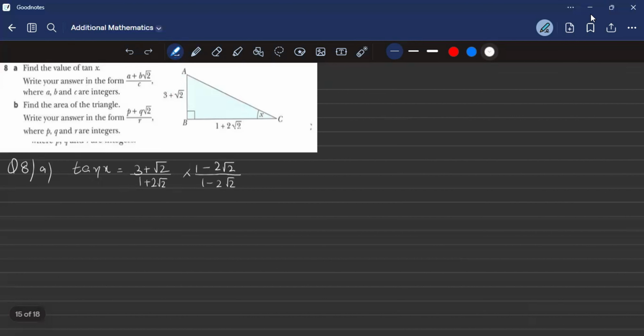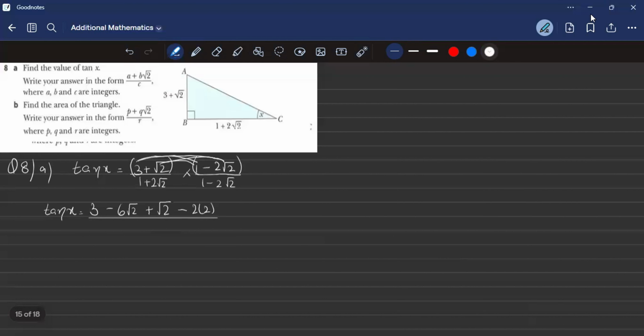So we have tan x. Just use the FOIL method to multiply the above values. First multiplied by the first value, so tan x is equal to 3 multiplied by 1, then the outer value minus 6 root 2, the inner value plus root 2, and the last value minus 2 multiplied by root 2 multiplied by root 2, which would be 2 multiplied by 2, divided by a plus b multiplied by a minus b.